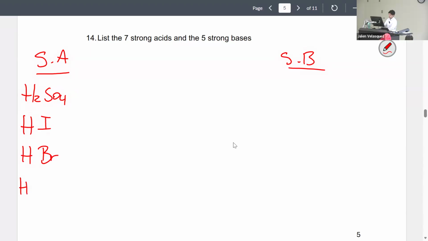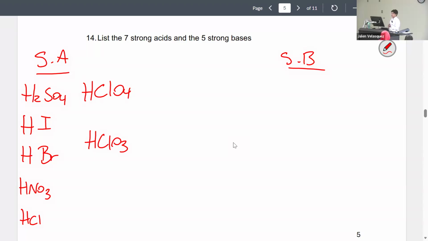We have nitric acid, hydrochloric acid. What is that? 4, 5. Then we have perchloric acid, and then chloric acid. Okay, so these are the 7 strong acids.